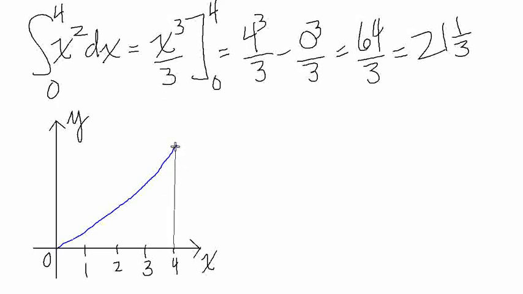So we want to approximate the area underneath the blue curve and above the x-axis with respect to x values from 0 to 4, right? So let's use the following rectangles.